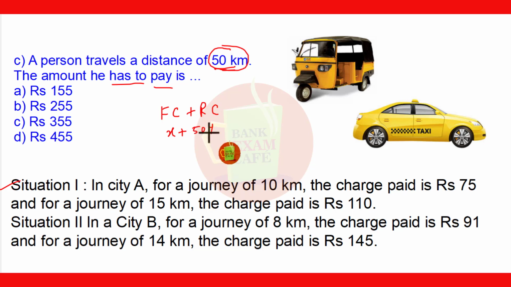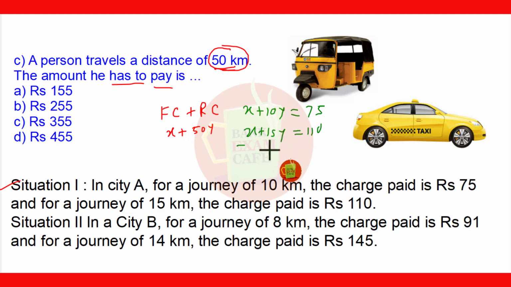And so friends, the two equations which we are getting are X plus 10Y, which we have got in the first question, equal to 75, and X plus 15Y equal to 110. With the help of this pair of linear equations, we can find X, that is fixed charge, and Y, that is running charge.